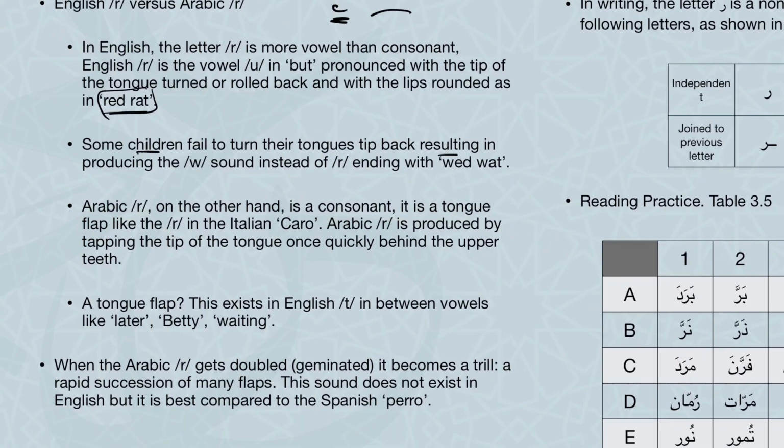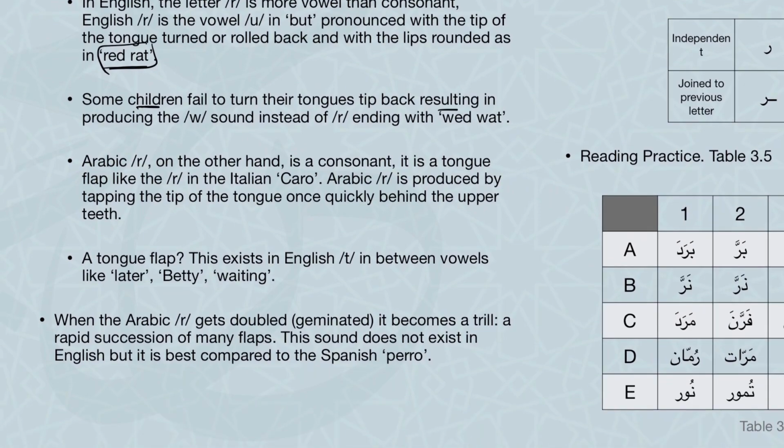It's produced by tapping the tip of the tongue once quickly behind the upper teeth. So the tip of your tongue goes to your upper teeth and just taps it. Re, re, re, re. A tongue flap that actually exists in English is the T in between vowels, like later.